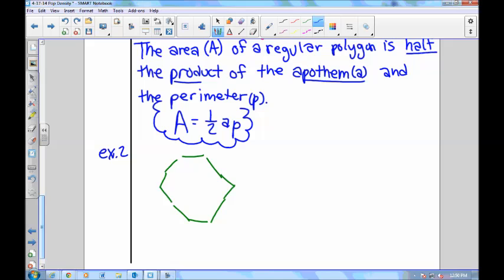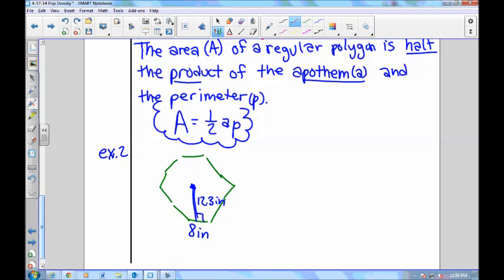Okay, we have the base here is 8 inches. And from the center, straight down at a 90-degree angle, what's that called? What's this called right here? Apothem. 12.3 inches.